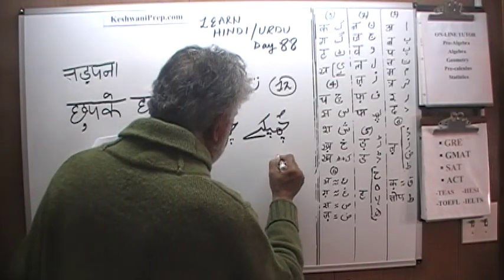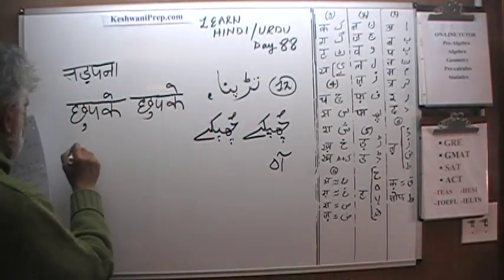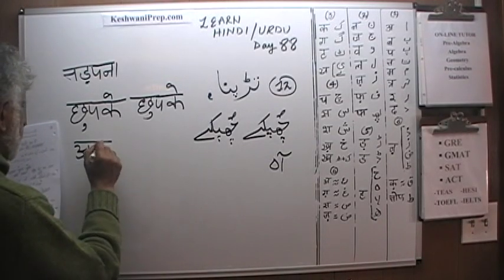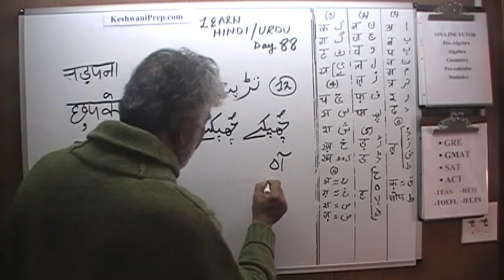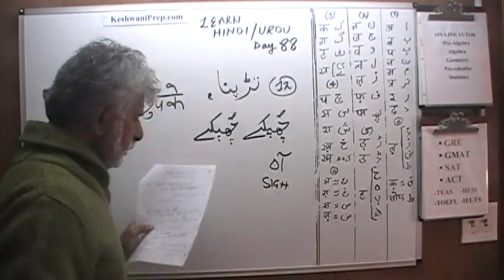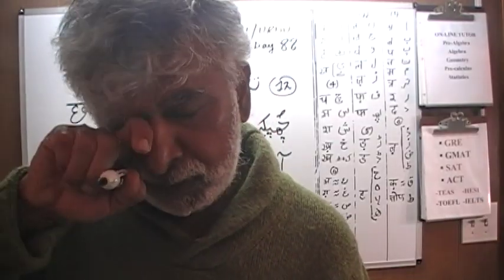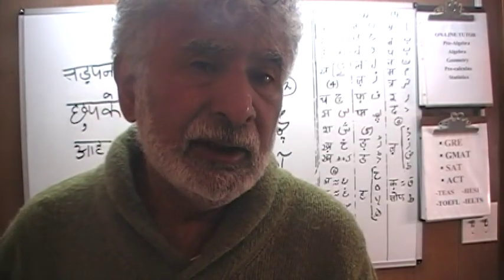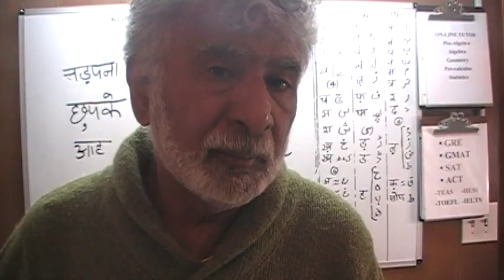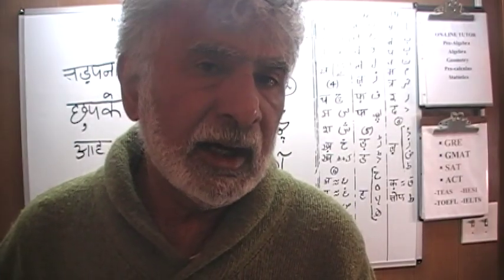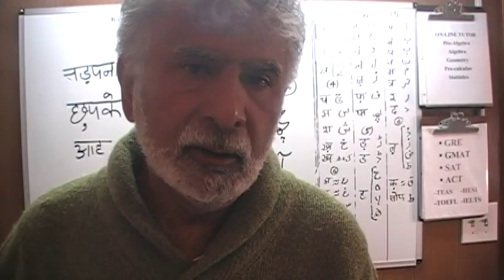Ah is a sigh. A sigh when you cry silently, just by yourself. Silently, quietly, hidden from the public's view. That's what chupke chupke means. Hidden. They cry by themselves in a corner, in a room.